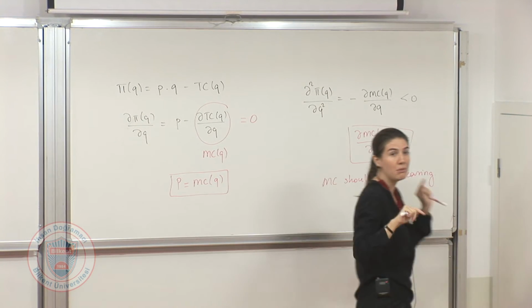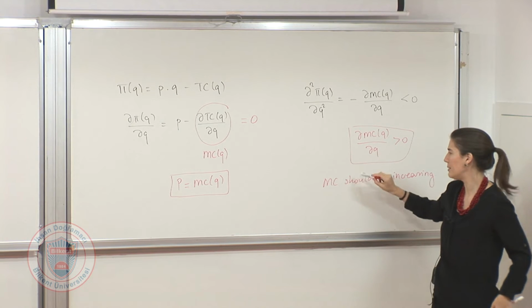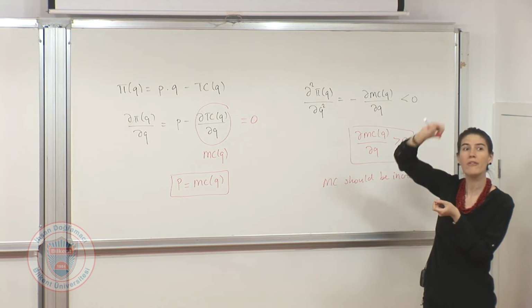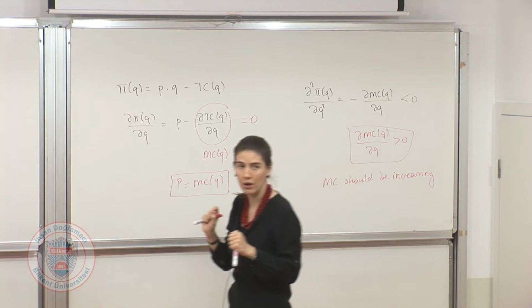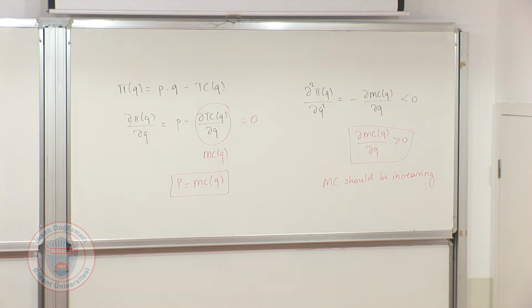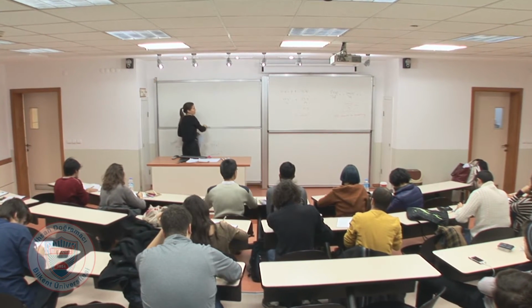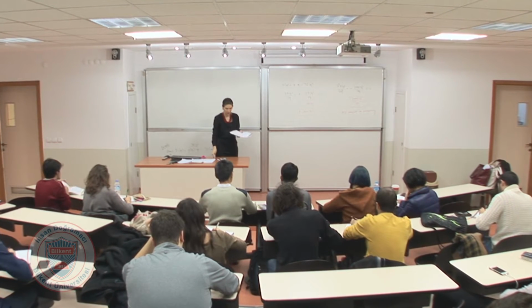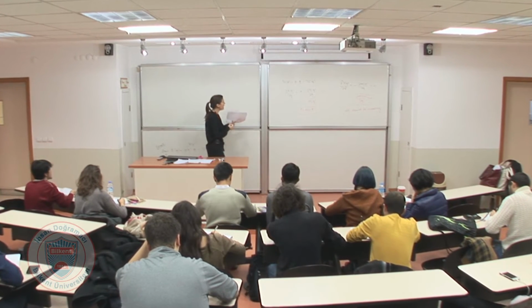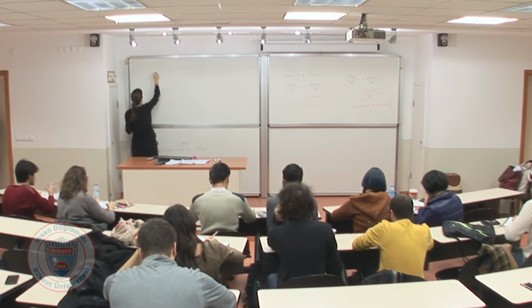It means that for the profit maximizing firm, your profit maximizing quantity should be on the increasing portion of the marginal cost. We will see this later. But we said this is easy, compared to the other constrained optimization problems that we solved. Now, we said that we call this portion the derivative of total revenue.